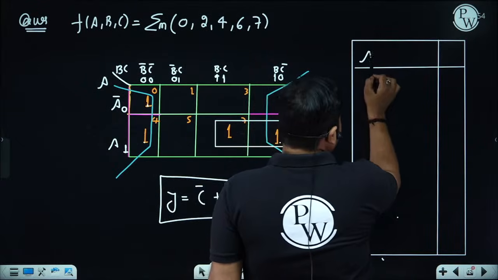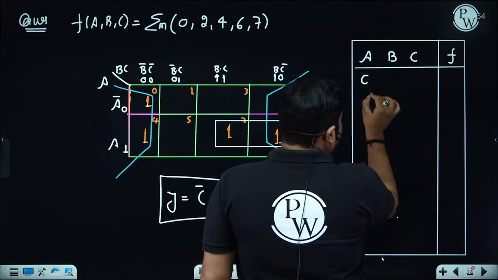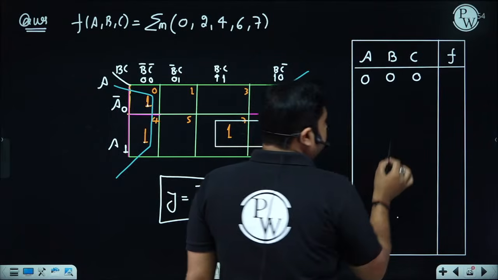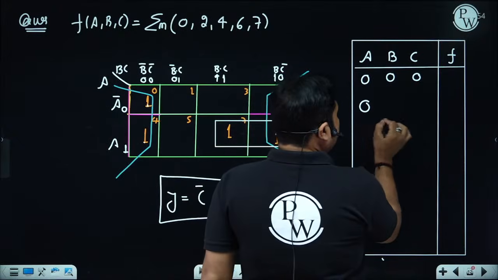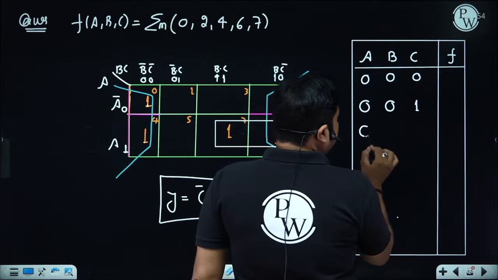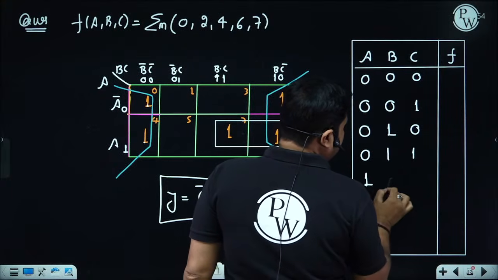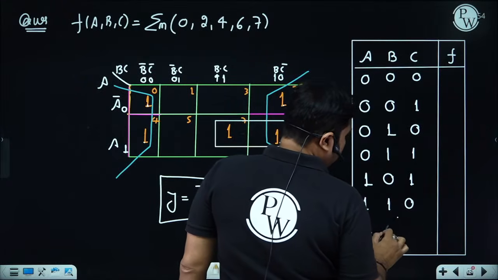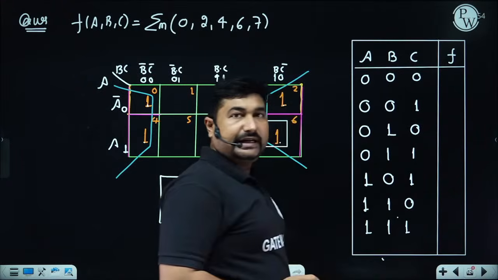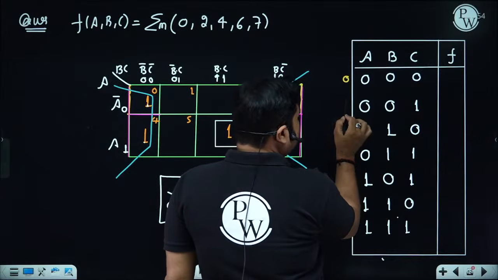So A, B, C and output function F. How will we represent the binary conditions for 3 inputs? How many possibilities? Either all are low, any one of them is high, or any two of them are high, or all are high.